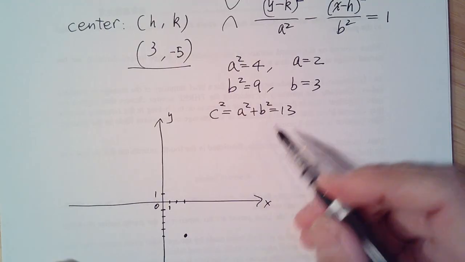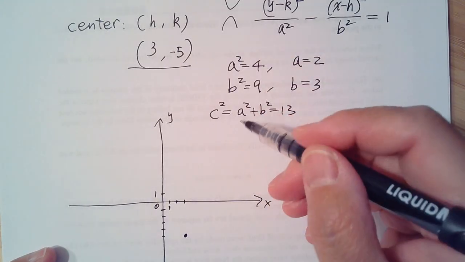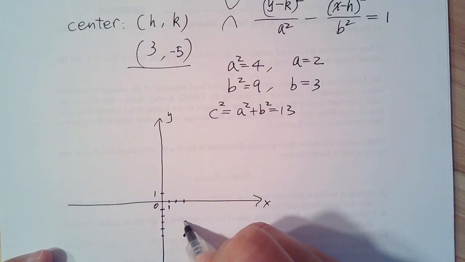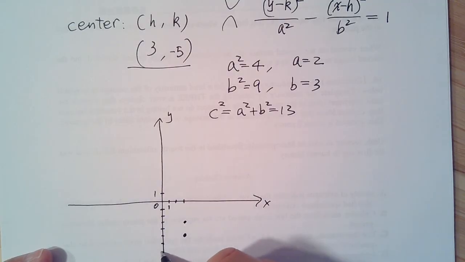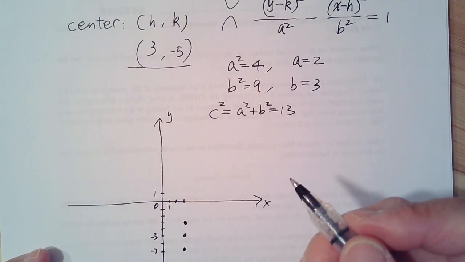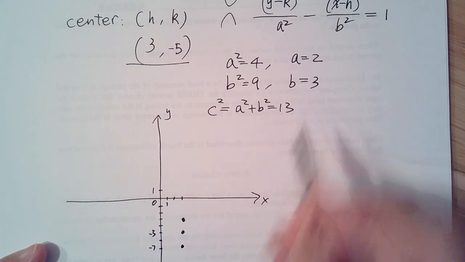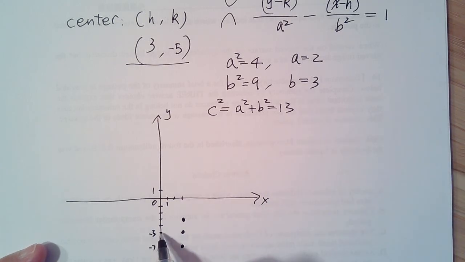All right, now, because this is an up and down hyperbola, if I go up and down by 2, from here, if I go up by 2 and then down by 2, this is negative 5, so down by 2, here's negative 7. What do I have? I have my vertices. And if I go left and right by b, which is 3, to the left, and the other one is 3. So I get this box, right?